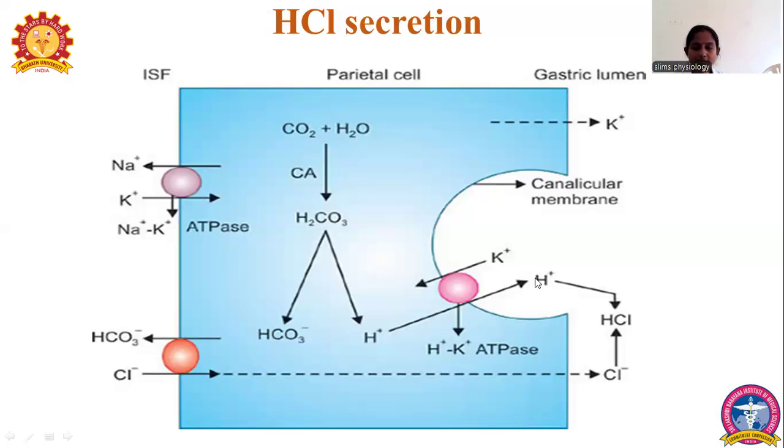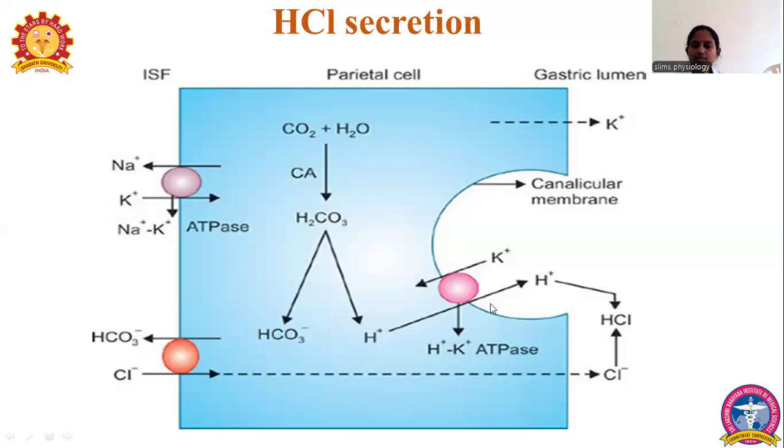We know about primary active transport: when something has to move against a concentration gradient, it requires the expenditure of energy. So here ATP is needed for the movement of hydrogen into the lumen in exchange for potassium into the cell.